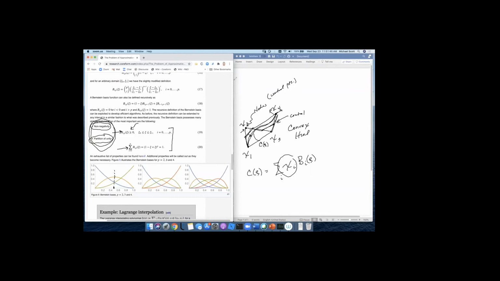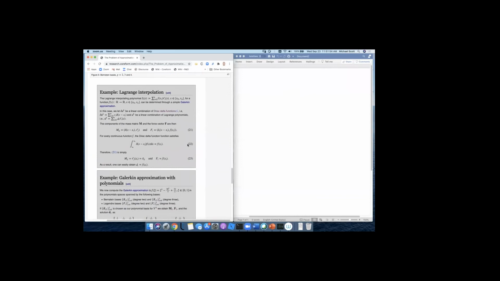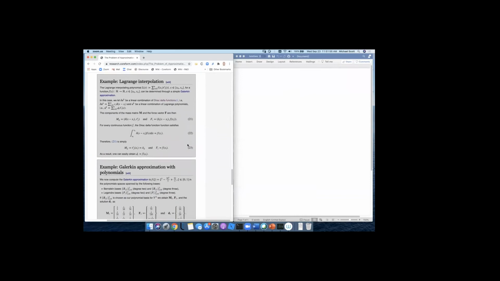Okay, I want to move on now to finite elements in the next lecture. I'd like you to go through these examples in detail so that you can see. I actually did an example of Lagrange interpolation from a Galerkin point of view here, which should be instructive. And then we did Galerkin approximation with both the Bernstein and Legendre bases.